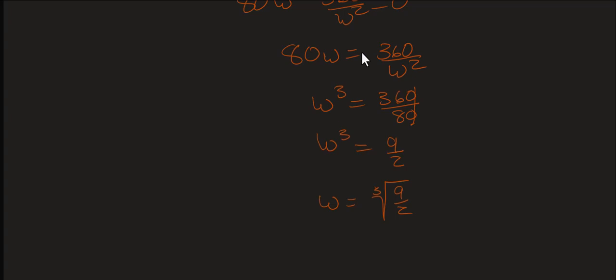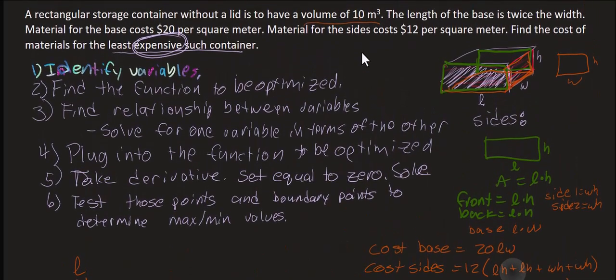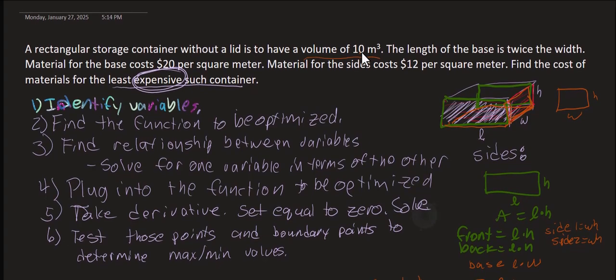That will be 4.5 raised to the 1/3, so I get W equals 1.65096. And then what's the question asking for?